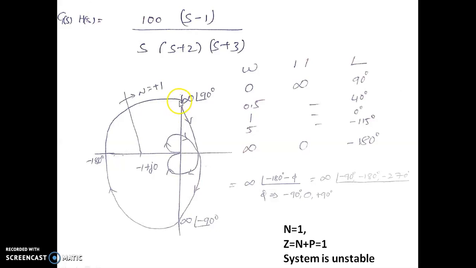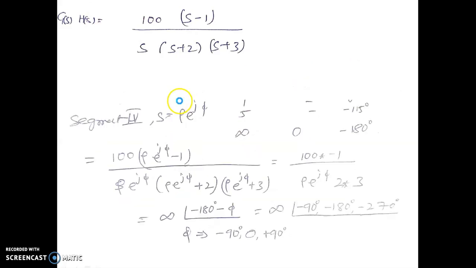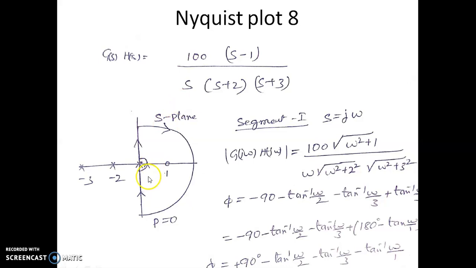So you can see the S-plane contour was also a closed path, which is exactly like this. It started here, went till infinity, then came down negative, then went up. Since this is also a relay, segment 1 runs here, then segment 2 runs the entire semicircle, segment 3 runs till here, and segment 4 runs this very small radius.